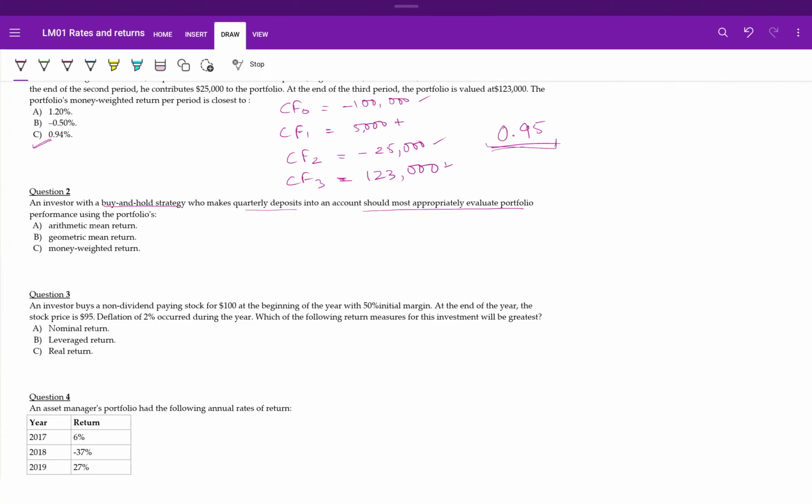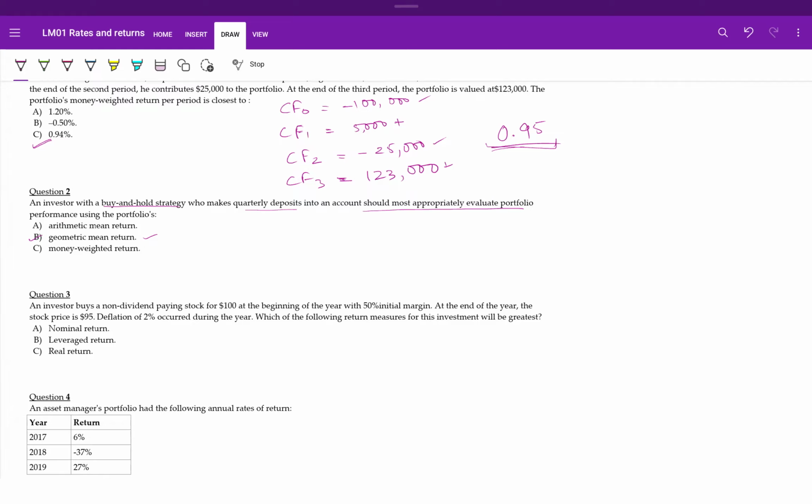So here the best possible explanation is to use the geometric mean, because geometric mean is actually the time weighted return and it's the most appropriate method for performance measurement, as it does not consider additions or withdrawals from the account. So it's not sensitive to additions or withdrawals, and that's why geometric mean is the most appropriate answer to this kind of situation.